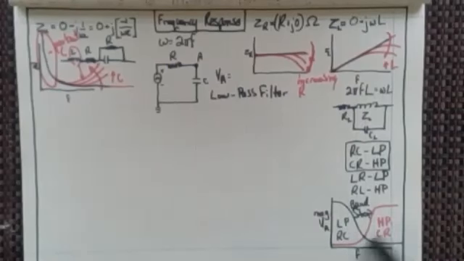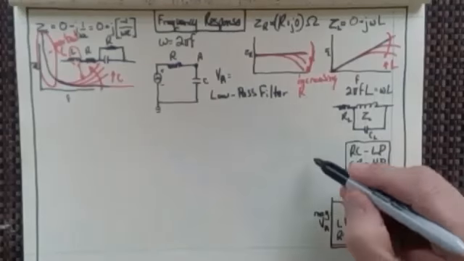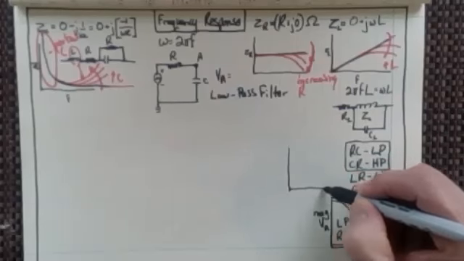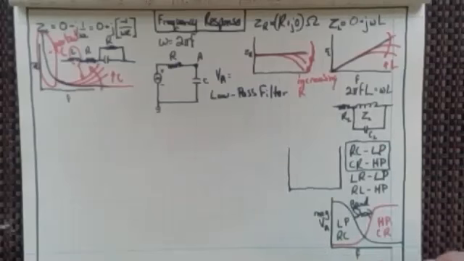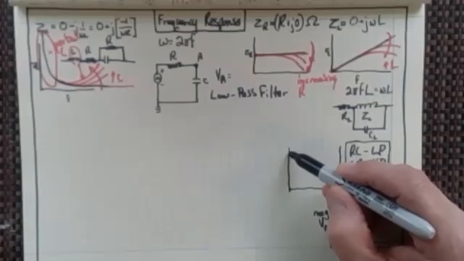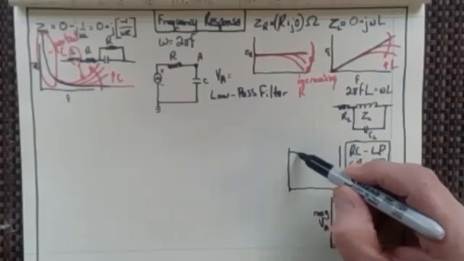Now I could modify these in such a way that I have a low pass filter that then crosses over a high pass filter, one and then the other, and that would be a band pass filter. Let me see if I could draw that. So if I had a low pass and a high pass filter, again, like I have down here, and I ran a low pass through there, right?